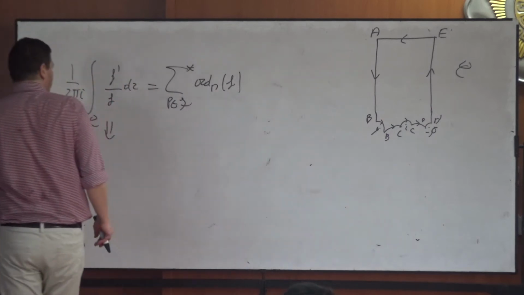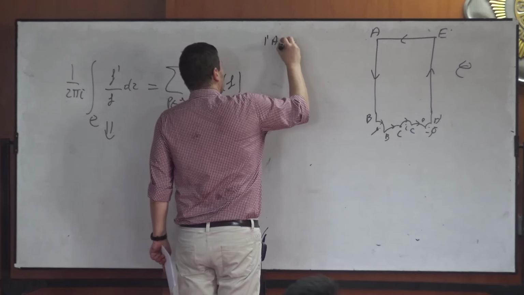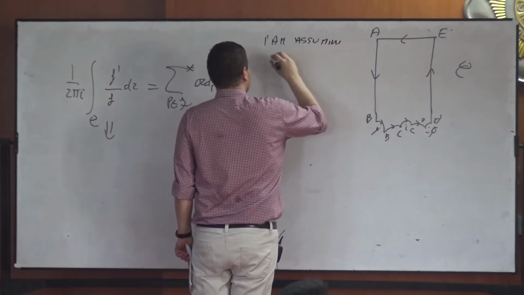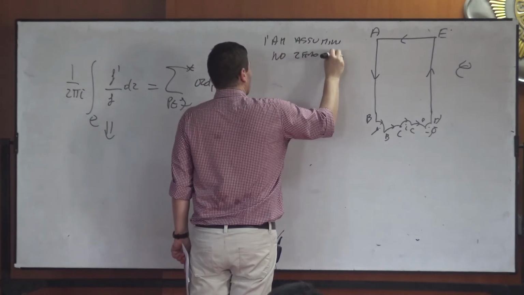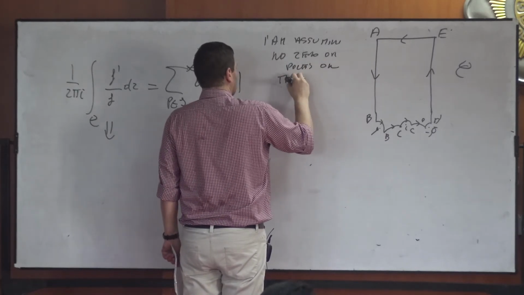Now, first of all, note that I'm assuming no zeros or poles on the boundary.